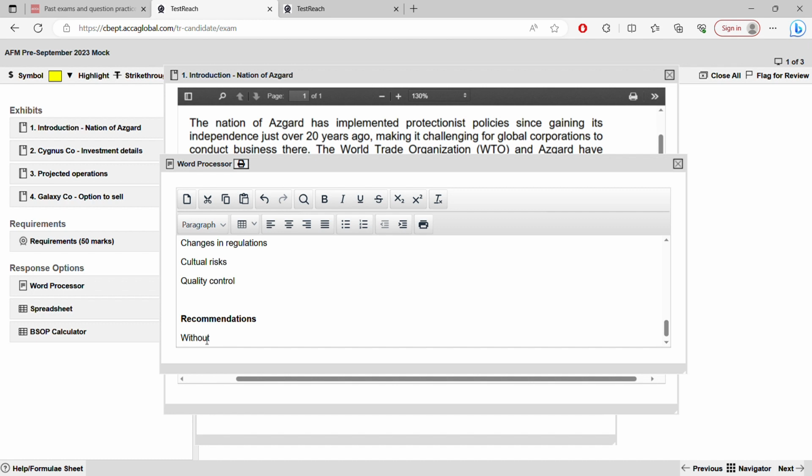So without the Galaxy company's offer, the net present value is negative. I'm going to use simple terms. If you want, you can write the amount; if you don't want to, don't write it. It's your choice.